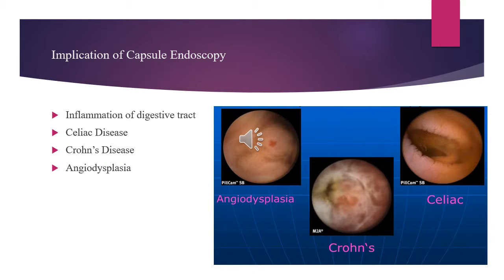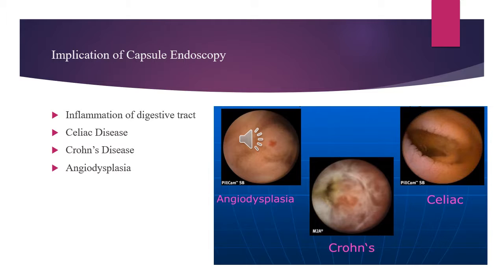Implications of capsule endoscopy. Now, what type of disease can be diagnosed with capsule endoscopy? Capsule endoscopy continues to improve technically, so it has revolutionized diagnosis by providing a sensitive and simple means of examining the inside of the small intestine.